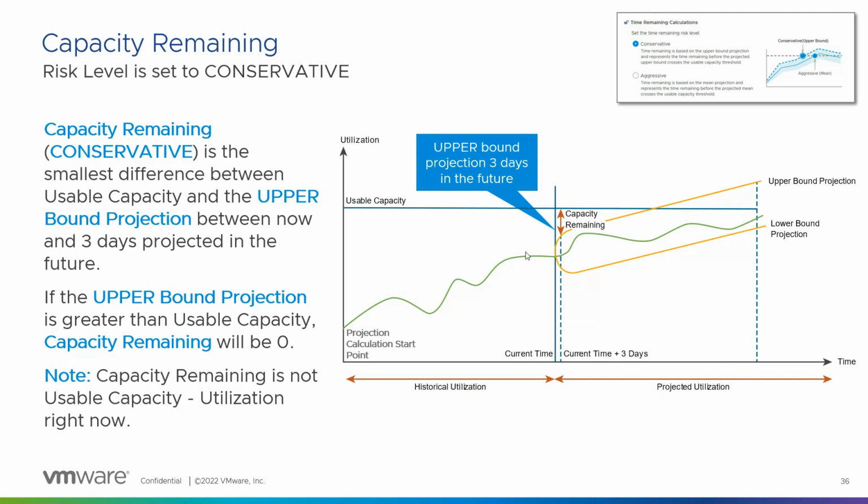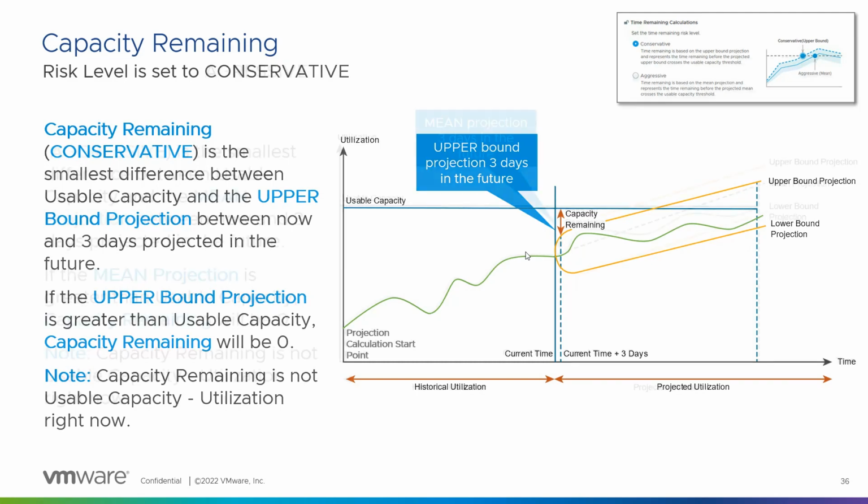It is projected 3 days out, and that's done to help smooth out some of that variability. You can have workloads going up and down, and projecting just 3 days out smooths that a little bit. So it's close enough that it's still pretty current, but far enough out that you can get rid of some of the fluctuations that you can see with free space.